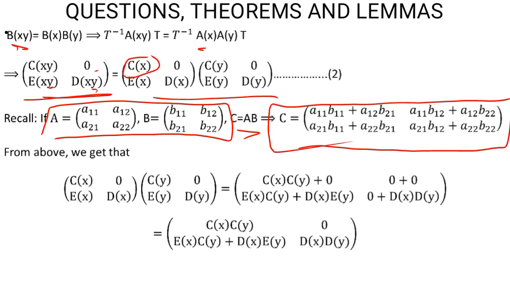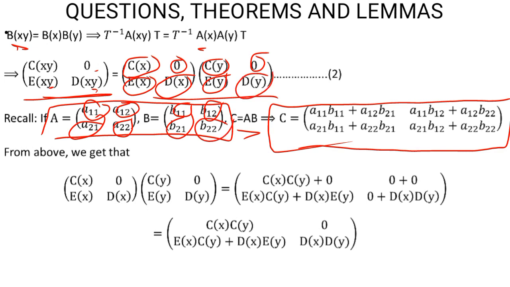So this is going to be my A11, right? This 0 is now my A12. E(x) is my A21. D(x) is my A22. And so also for C(y), like that. 0 is my B12. E(y) is my B21. And D(y) is my B22.